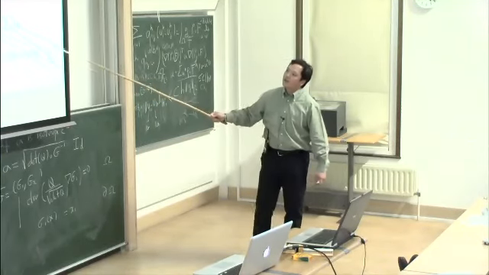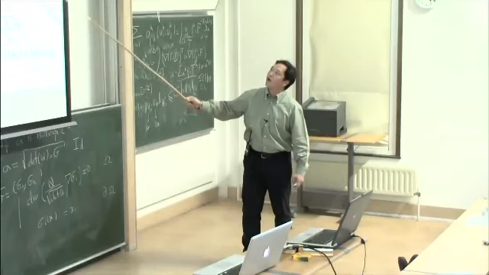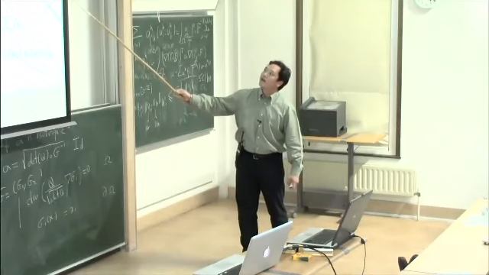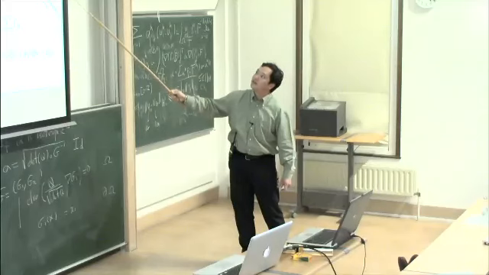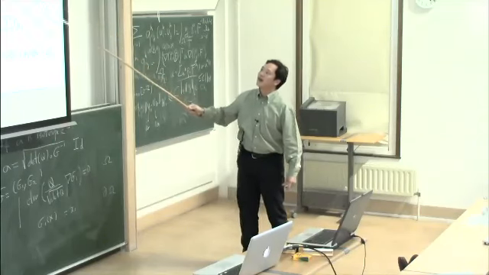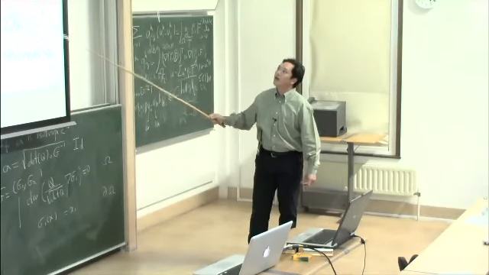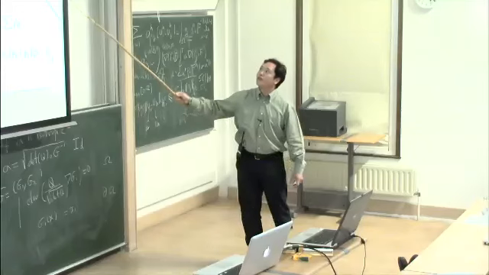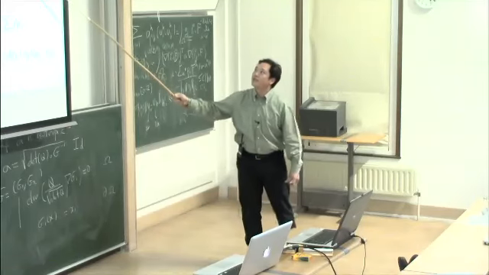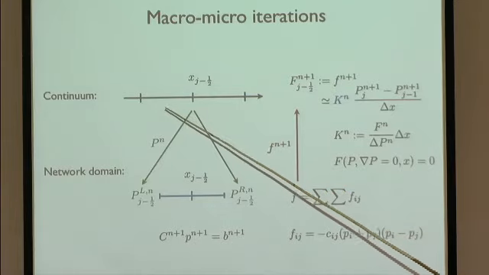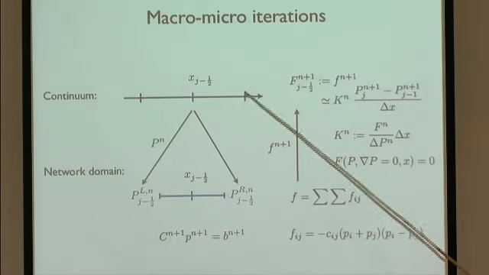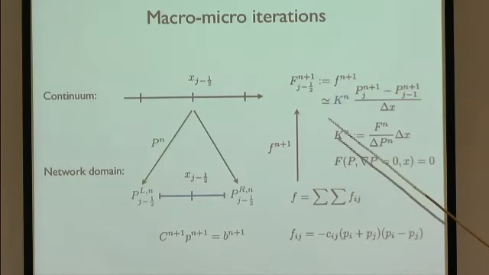I compute the flux through this domain, and I'm going to say that the macroscopic flux at the next iteration is going to be the value that I just computed over here. But now I have this value over here. From these values, I need to come up with the values of pressures, I need to distribute those pressures on the macroscopic domains that satisfy the PDEs.